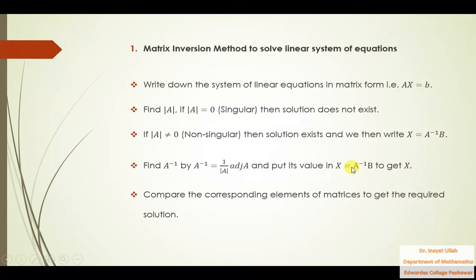So compare the corresponding elements. Whenever you put the value of A inverse in this equation and the value of B in this equation, multiplying these two and comparing the corresponding elements of the matrix gives the required solution.